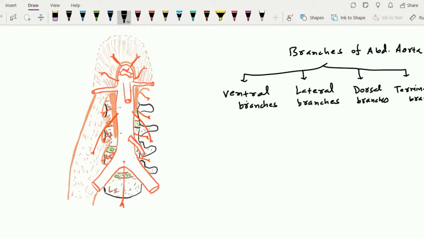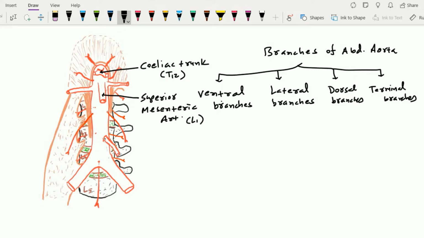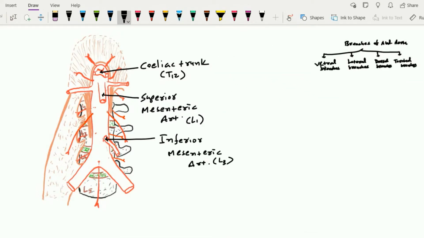The ventral branches include the 3 major arteries: the celiac trunk at the level of the T12 vertebrae, superior mesenteric artery at the level of the L1 vertebrae, and the inferior mesenteric artery at the level of the L3 vertebrae. All these 3 ventral branches are unpaired arteries, and they are the arteries of the foregut, midgut and hindgut respectively.